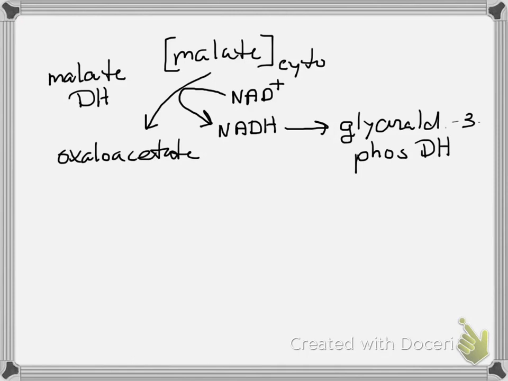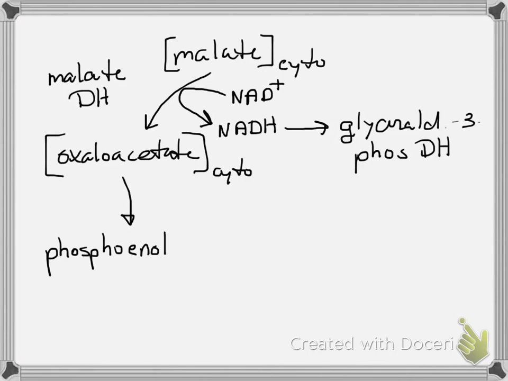So the oxaloacetate that's now in the cytoplasm will be entering the reverse direction of glycolysis. So oxaloacetate, the first step we are going to do here is convert this into phosphoenolpyruvate, also known as PEP.